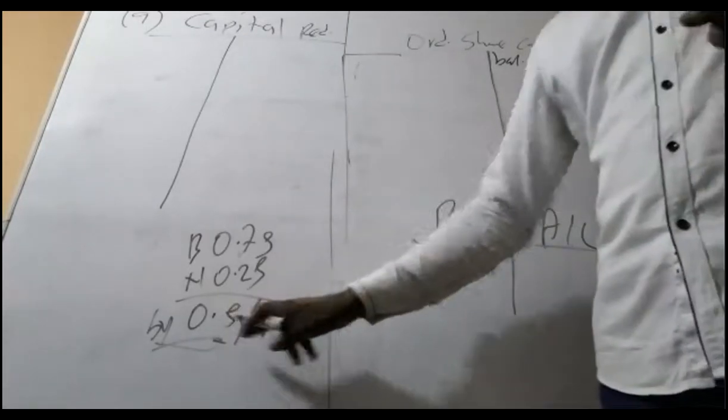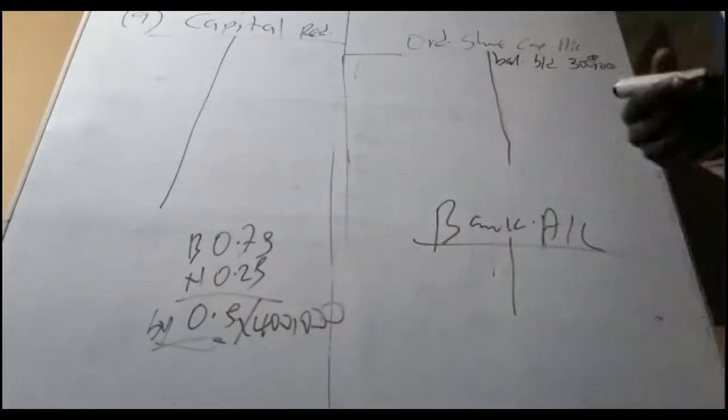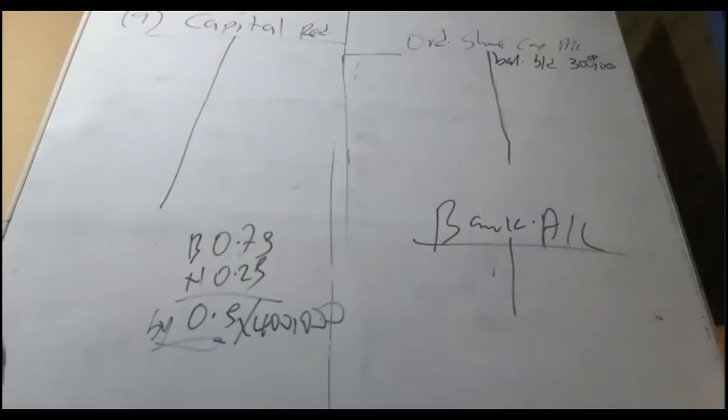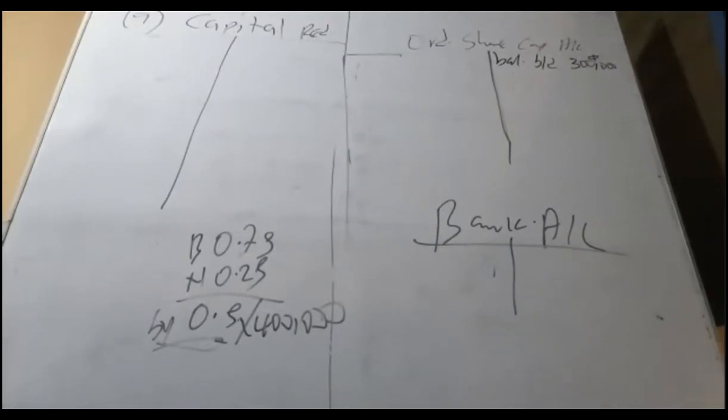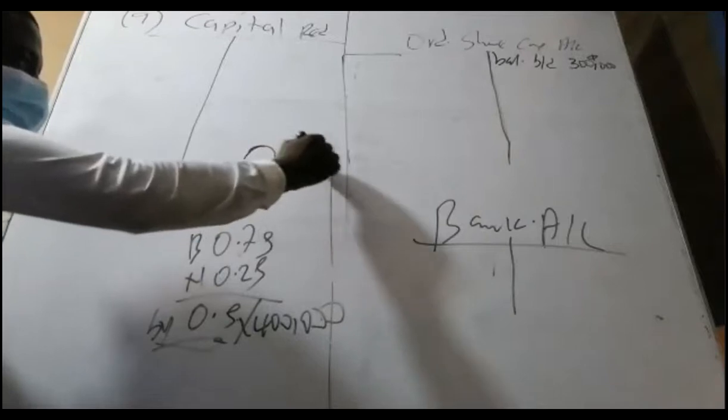So 0.5 times 400. There's a question here. Someone asked, is the company losing or gaining? Yes, the company will gain, because now the value of the shares is 0.75.